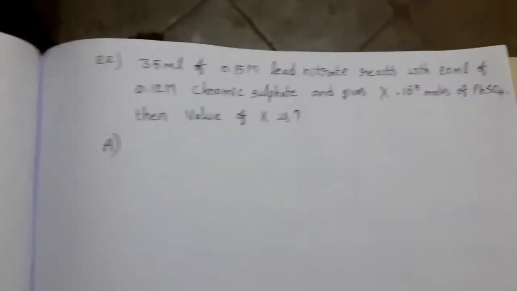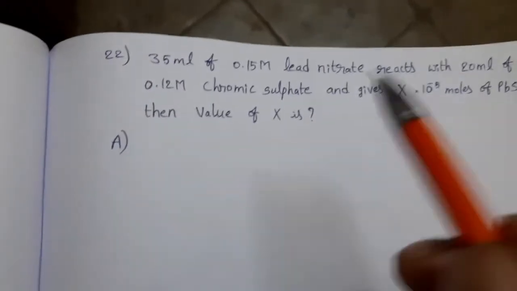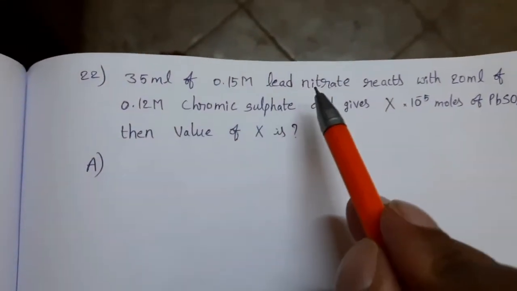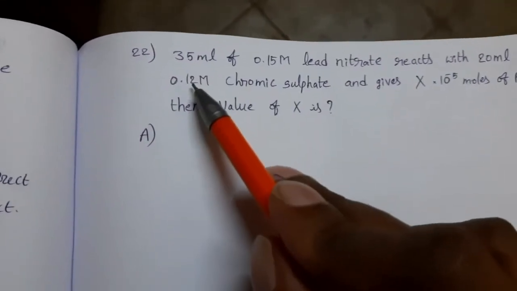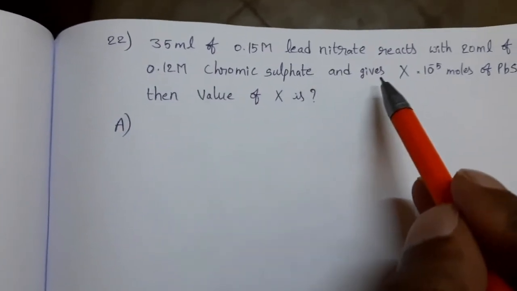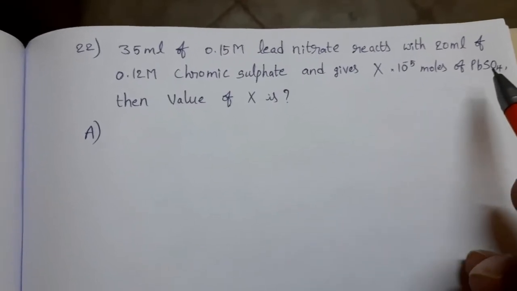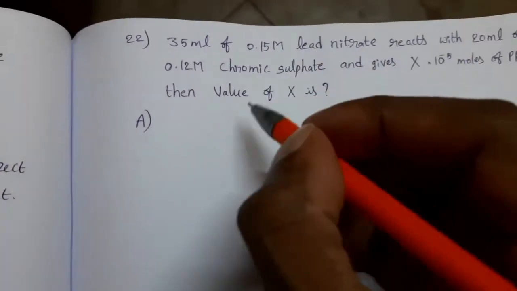Okay. Next, see the next one. A simple question. 35 ml of 0.15 molar lead nitrate reacts with 20 ml of 0.12 molar chromic sulfate and gives x into 10 power -5 moles of lead sulfate, PbSO4. Then the value of x is?